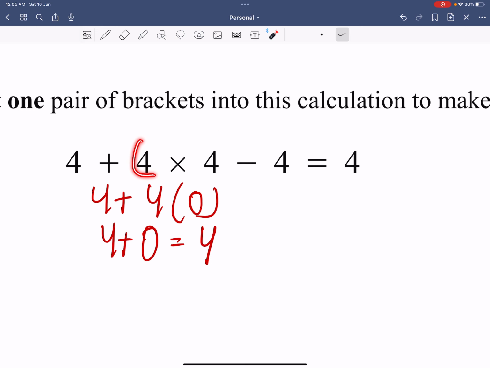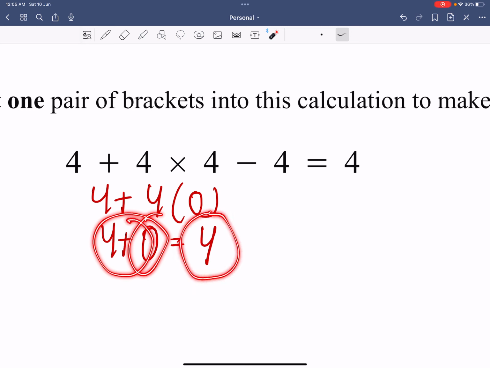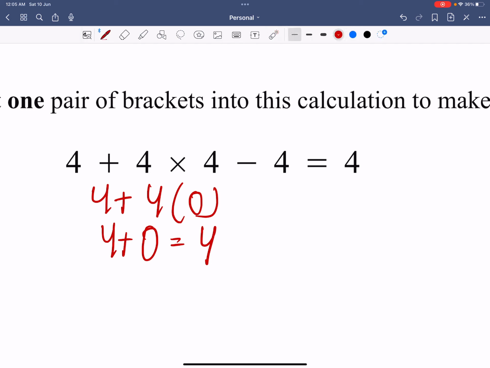If I put the bracket here, it would be 4 times 4 16, 16 minus 4 12, 12 plus 4 16, so it won't work out either. Now if I place the bracket here, which is 4 minus 4, which is 0, 0 times anything is 0, and 0 plus 4 is equal to 4. So this is where we'll be putting our brackets, which is 4 minus 4.